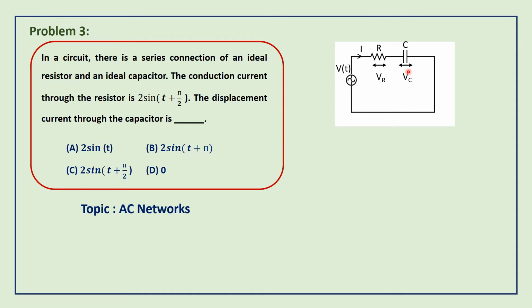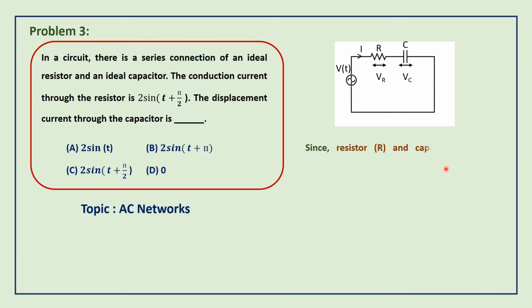We know about the series and parallel conditions. When the components are connected in series, the current will be the same, and the voltage will be different. Here VR is the voltage across the resistance, and VC is the voltage across the capacitance. That will be different, but the current will be the same. With this itself, we can find out the answer.